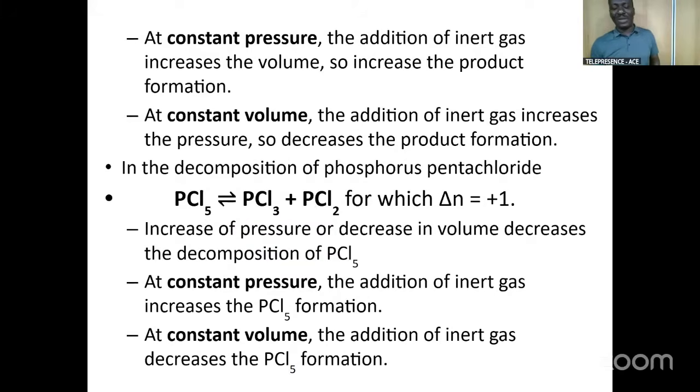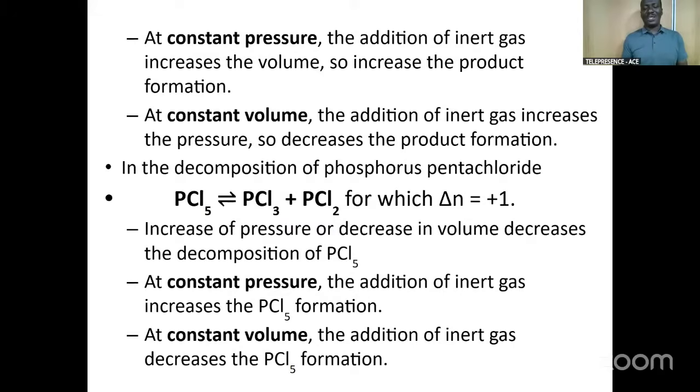Now let me go back to what happens with a change in volume. If there's an increase in volume, you have invariably decreased the pressure. And by decreasing the pressure, you have invariably decreased the effect on the direction that has more number of moles. All right.